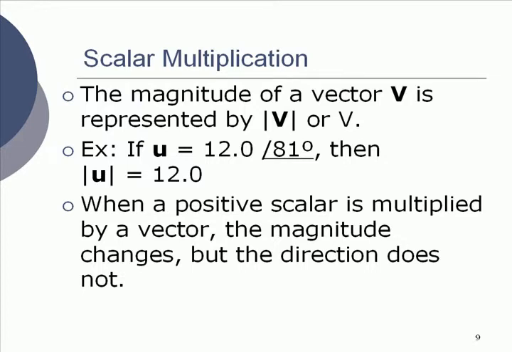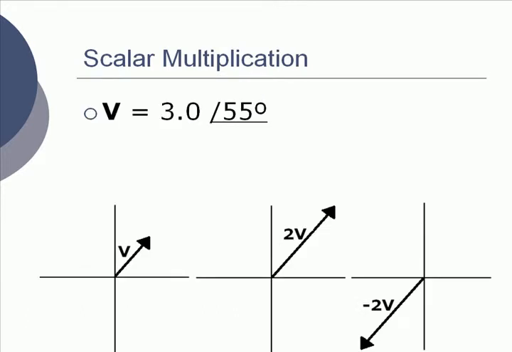Now if we take a positive scalar and multiply it by a vector, we change the magnitude but not the direction. Here's a couple of examples. You have these in front of you. First of all, let's define a vector v to be 3.0 at 55 degrees. Now if we take 2v, we're going to have a new vector.